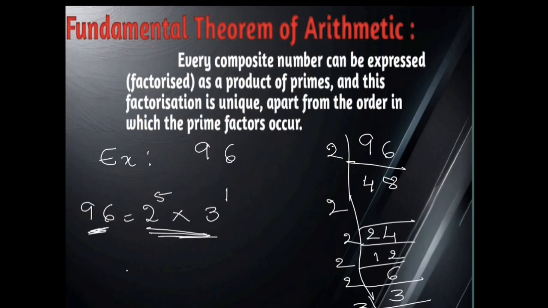This factorization is unique apart from the order in which prime factors occur. The powers of the factorized prime numbers, that we call the fundamental theorem of arithmetic. Simply we can say that a composite number is a product of prime numbers.